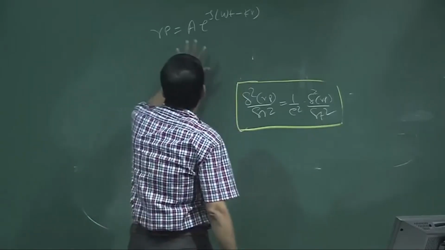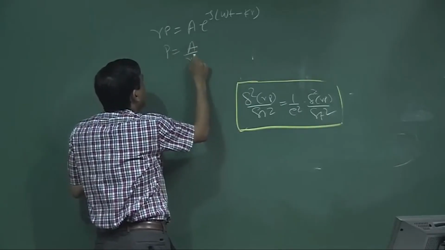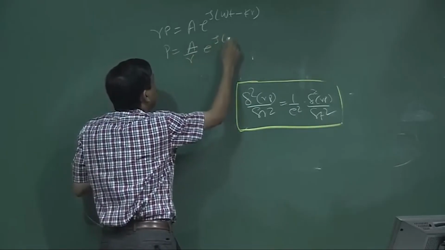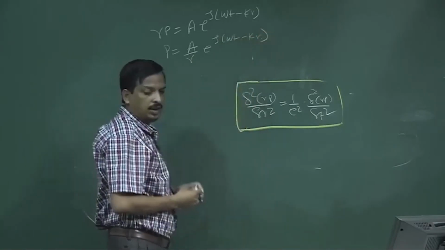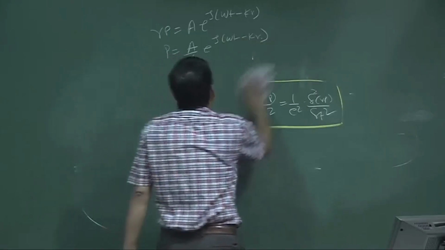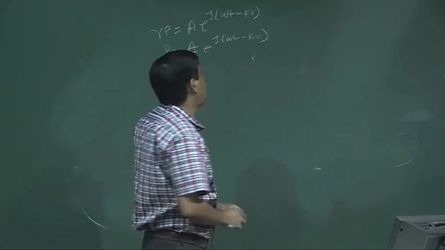So, in that case, p is nothing but A by r e to the power j omega t minus k r. Now, if this is p, what is the velocity potential phi?